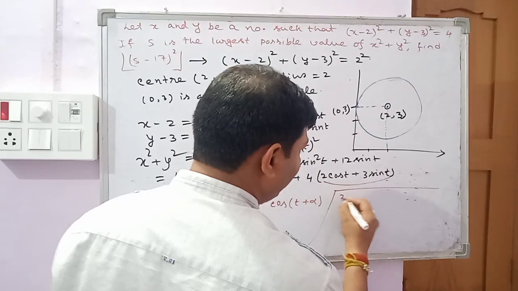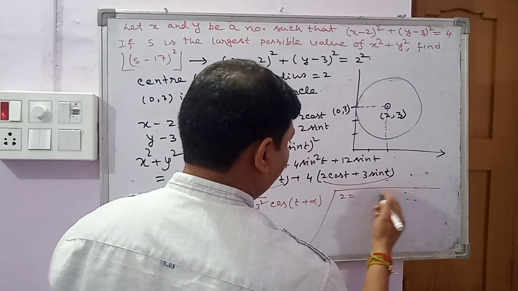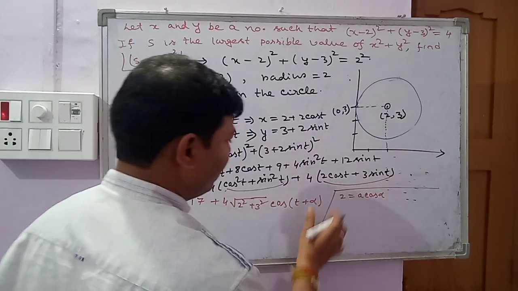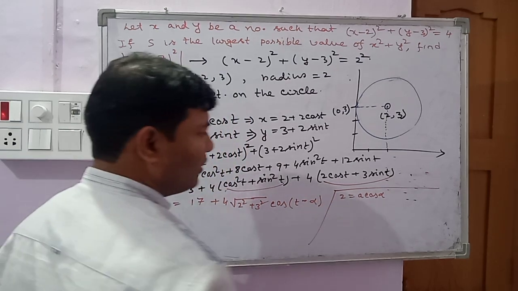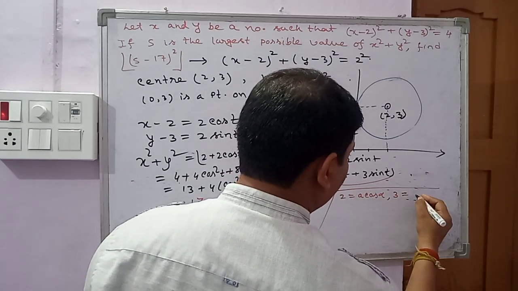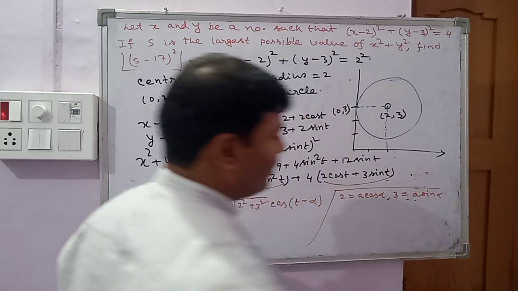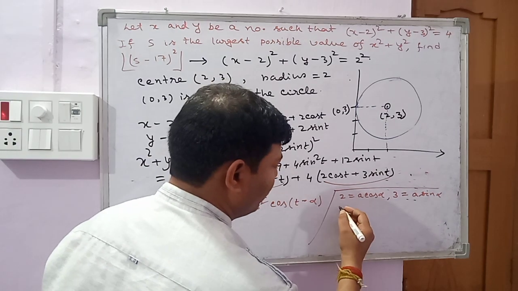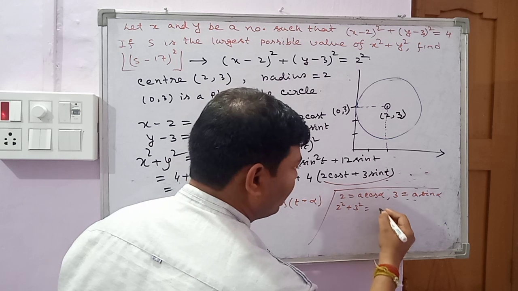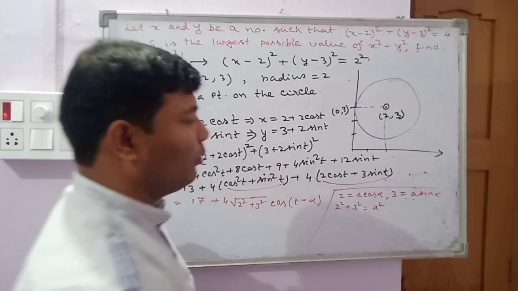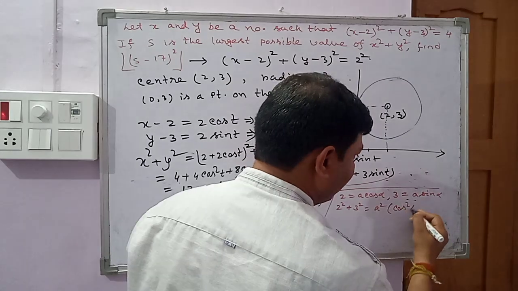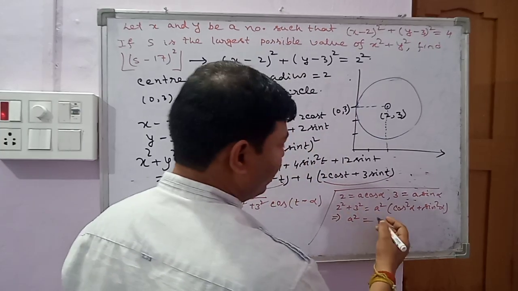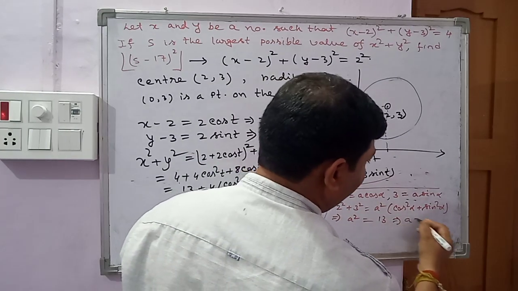If we choose 2 equals a cos alpha and 3 equals a sin alpha, then 2 square plus 3 square will give a square, because a square cos square alpha plus a square sin square alpha is a square. The value of a square is 4 plus 9, 13, so a equals under root 13.